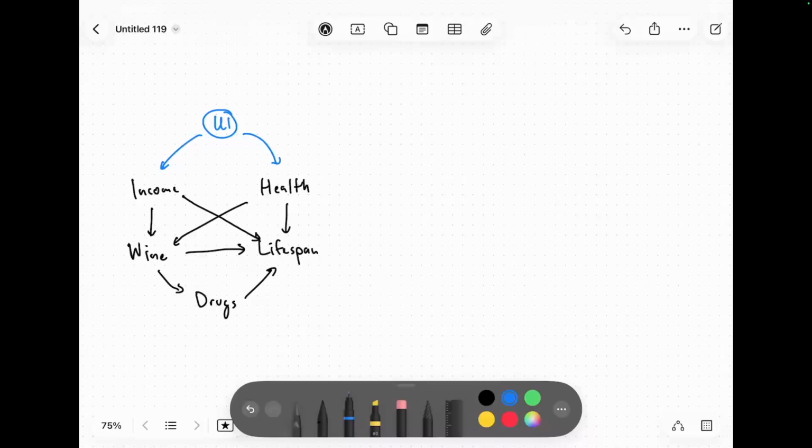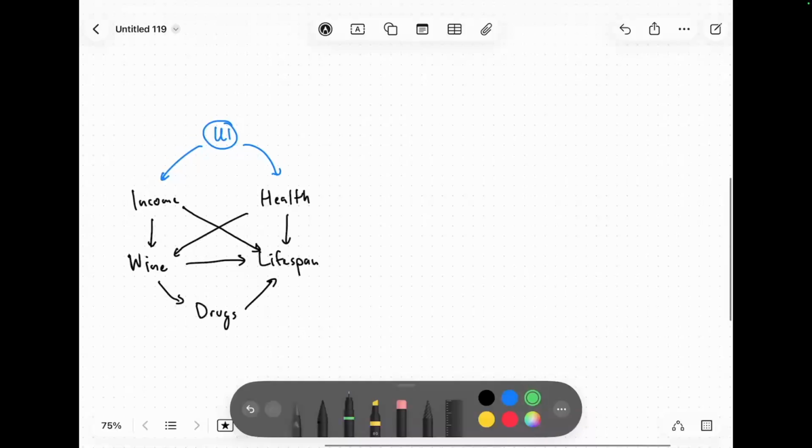So this particular diagram, as right or wrong as it is, let's suppose we take this as ground truth. Let's suppose you have a hypothesis, you figure out the relationships, and you are able to defend the diagram and the relationships depicted in it. We are interested specifically in wine as our treatment and lifespan as our outcome.